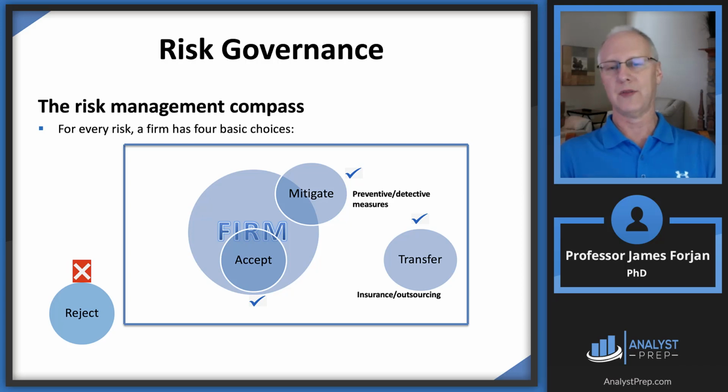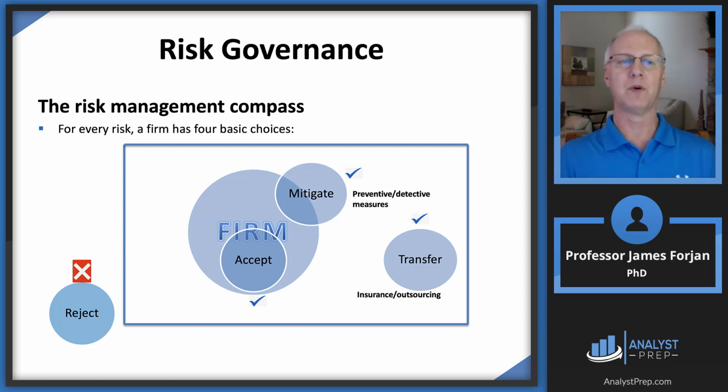And notice that circle is kind of half in and half out. And so that thing could be way out. I mean, we can completely eliminate the risk, or it can be almost way in, and we can almost completely accept it. And so that's really an important part of the risk management process of determining what percent of that risk is acceptable to hedge.